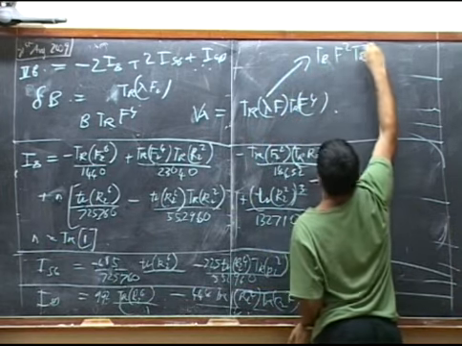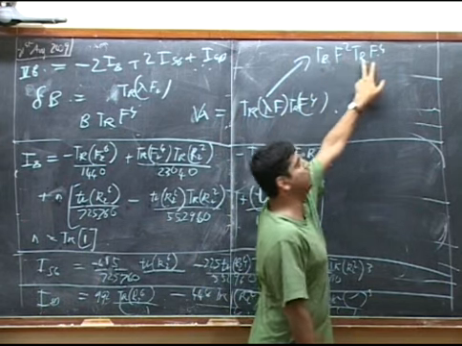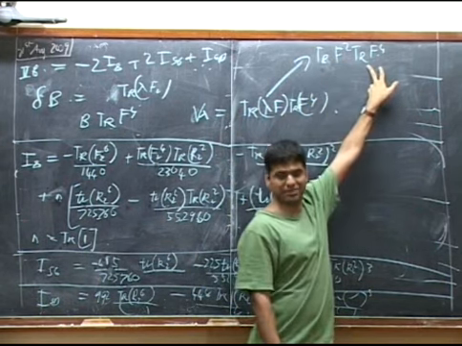And the gauge variation of the usual Chern-Simons form is lambda times F. But we'll see all this in more detail next class.